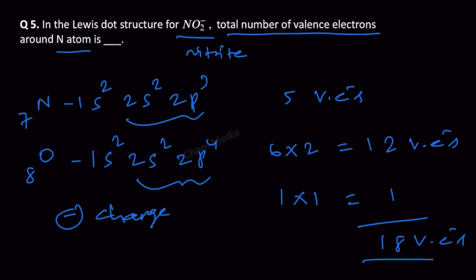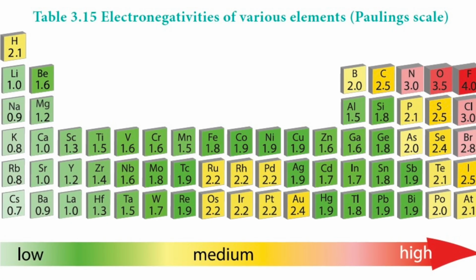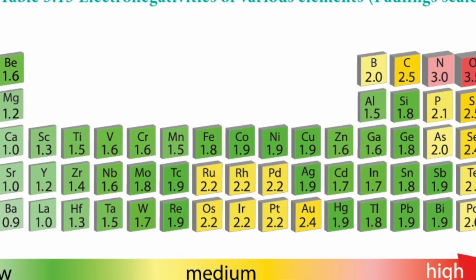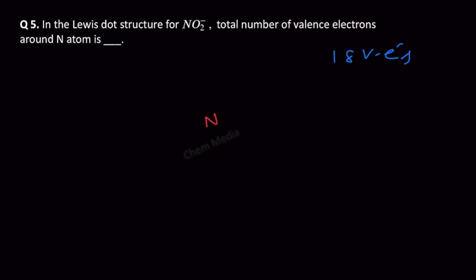So with the 18 valence electrons, let us first write the best Lewis structure. Compared to oxygen, electronegativity of nitrogen is less. Therefore, let's put the nitrogen atom at the center and 2 oxygen atoms on either side. Let's put 1 bond pair between nitrogen and oxygen and then let's put 3 lone pairs around each oxygen atom.